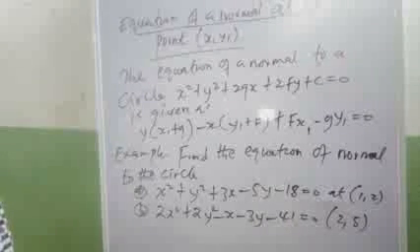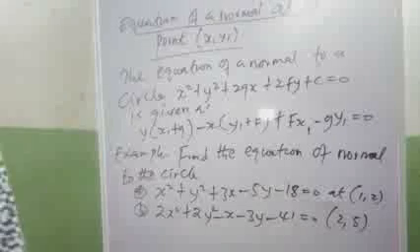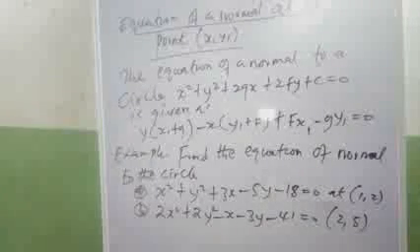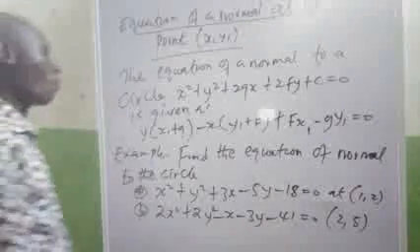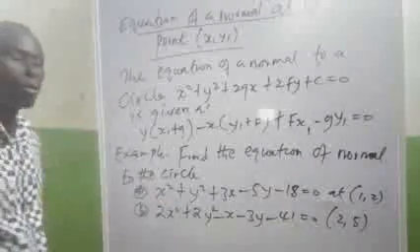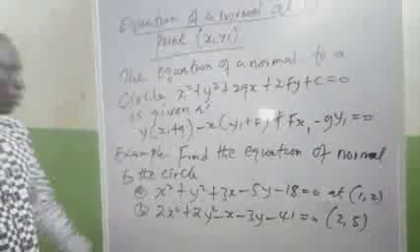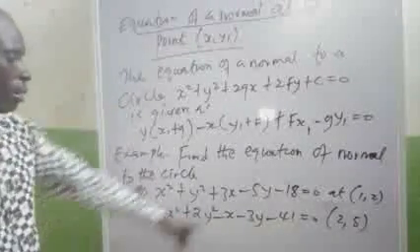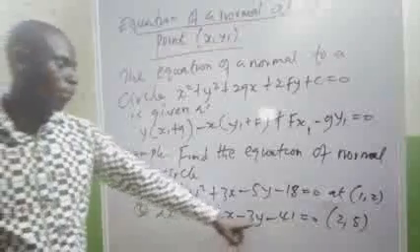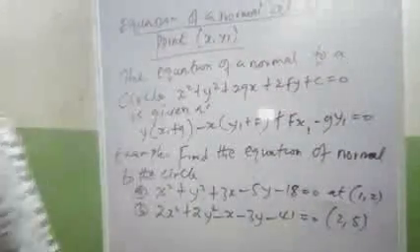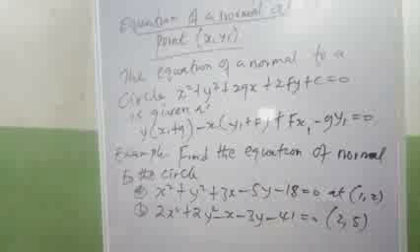Now I want you to write this down. I'll give you some time to write it down. Then you write this question. Find the equation of the normal to the circle x squared plus y squared plus 3x minus 5y minus 18 is equal to 0 at the point 1, 2. The second question is 2x squared plus 2y squared minus x minus 3y minus 41 is equal to 0 at x1 is 2 and y1 is 5.